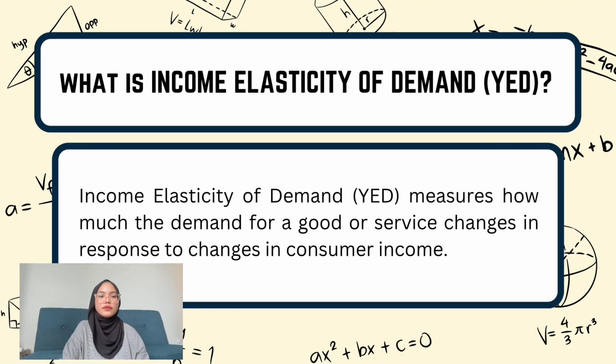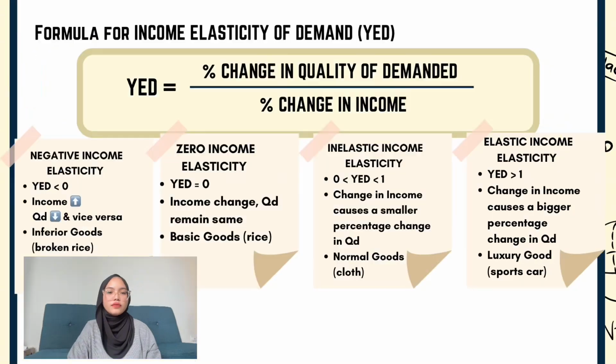Now, let's move on to income elasticity of demand, also known as YED. What is YED? YED is a way to measure how demand for a product changes when people's income increases or decreases. The formula for YED is the percentage change in quantity demanded over the percentage change in income.